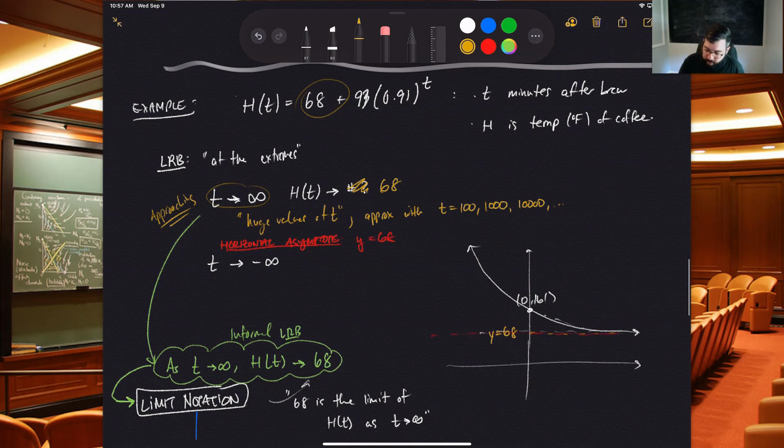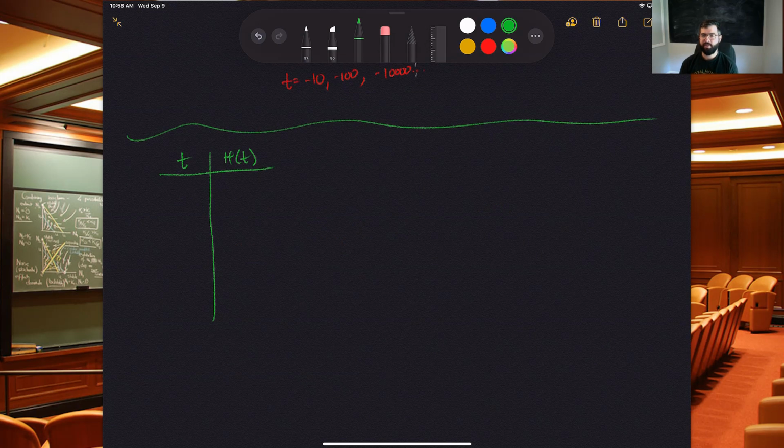But what about when t goes to negative infinity? What happens? So maybe you want to hit pause here and try this yourself and see what's going to happen in the table and in the graph. So I'll assume that you hit pause and now you tried it and we're coming back. So for t values, we can take things like negative 10, negative 100, negative 1,000, and so on.